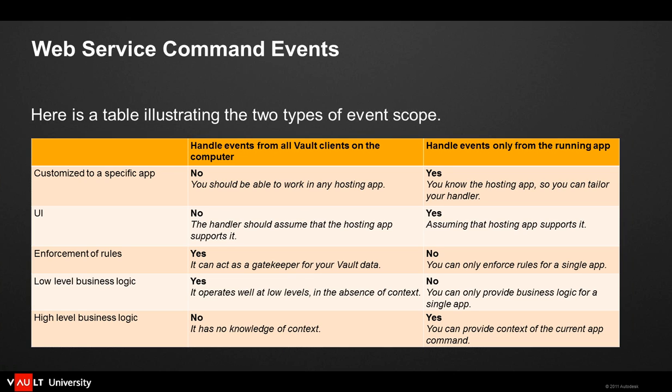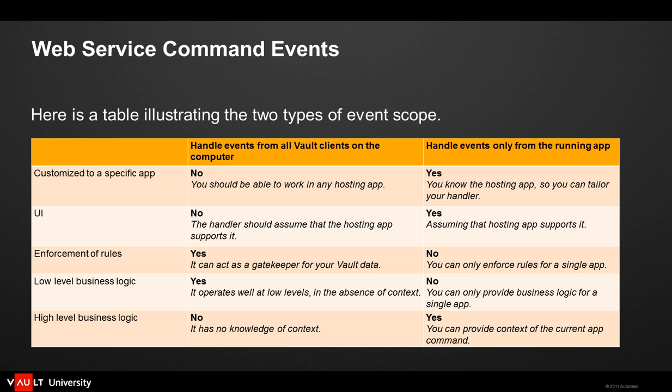If you want to do strict rule enforcement, gatekeeper type stuff, that lends itself a bit more to the first approach, where you're hooking into everybody. Same if you're doing something really low level. But if you want to do something more high level, where you know about the context of what the user is doing, then it's better if you're specific to one application.